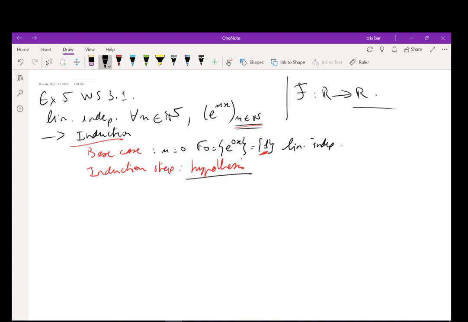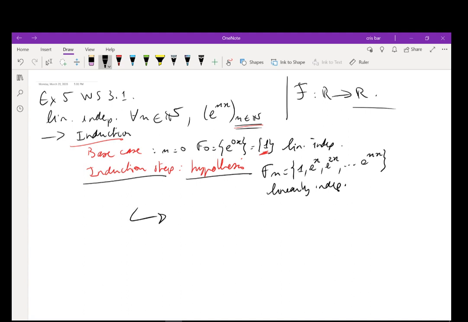Now let's see about the induction hypothesis. The induction hypothesis would be that the family constituted from, well, we get e^(0x), e^(x), e^(2x), and we go up to e^(nx) for some n, is linearly independent. And what do we want to show?